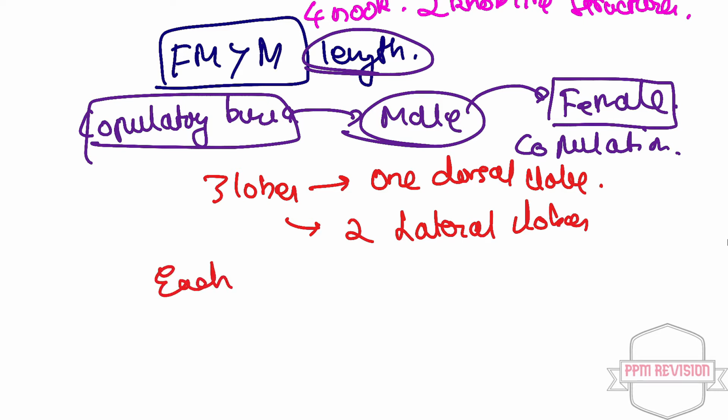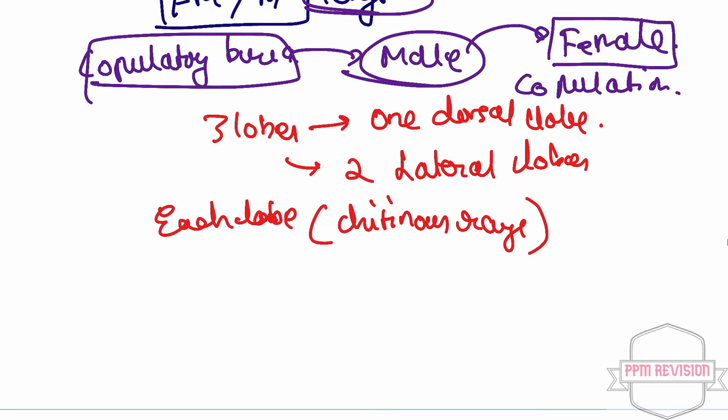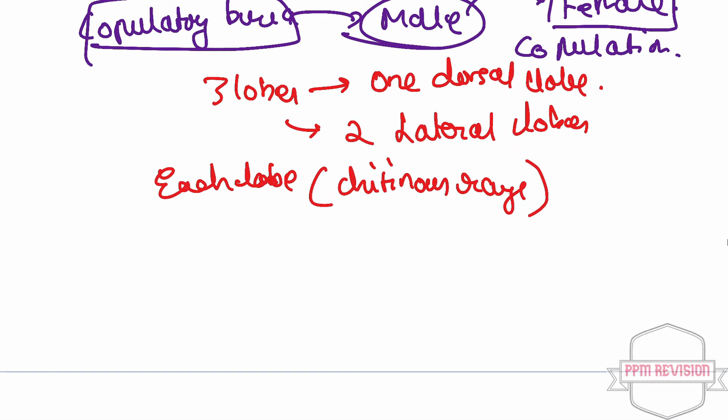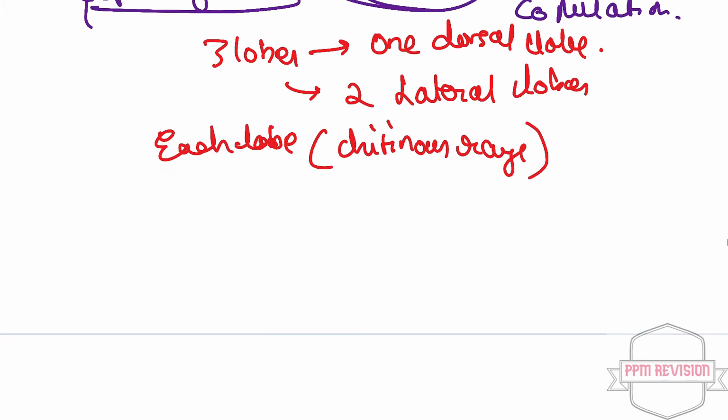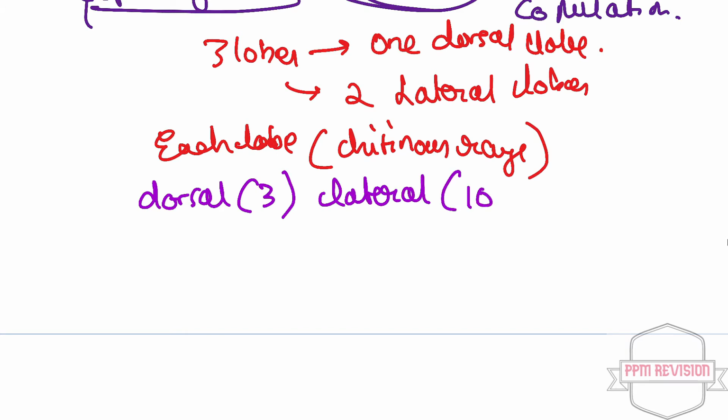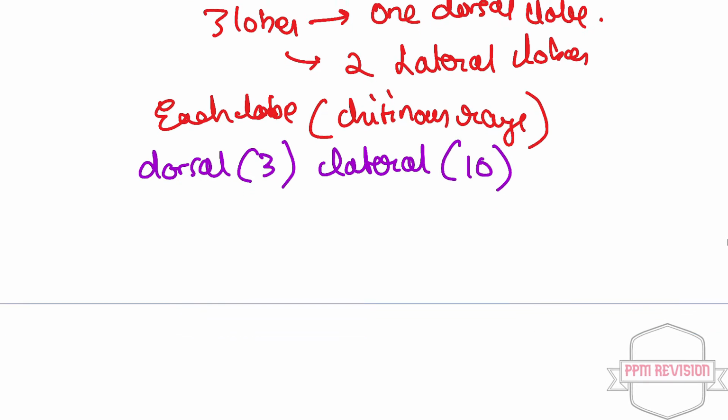So we can see that each lobe has chitinous rays. The dorsal lobe contains 3, and the lateral lobes contain 10.